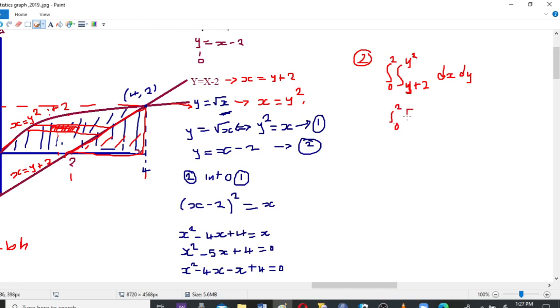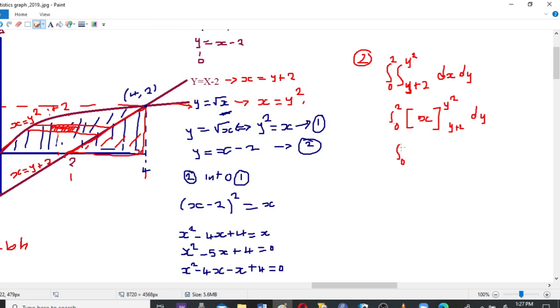We can integrate what is inside, that is with respect to x, and we are going to get simply x, from y plus 2 to y squared, dy.